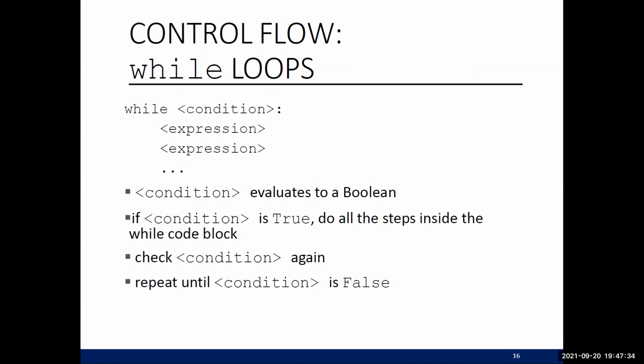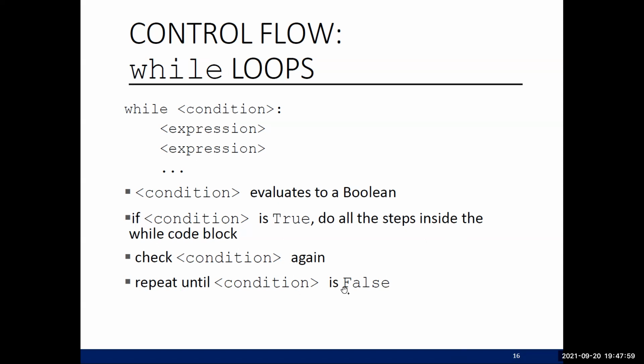And we say while there is a condition, do this expression. Condition means it evaluates to a Boolean, either true or false. If the condition is true, do all steps inside the while code block until the condition becomes false. Repeat until the condition is false.